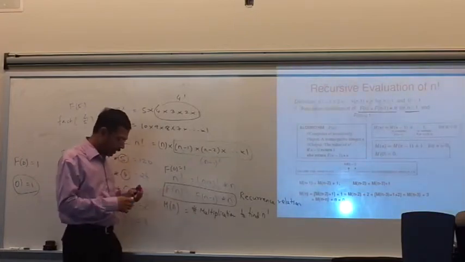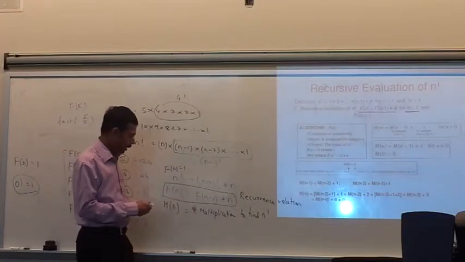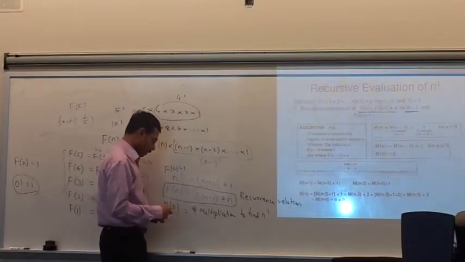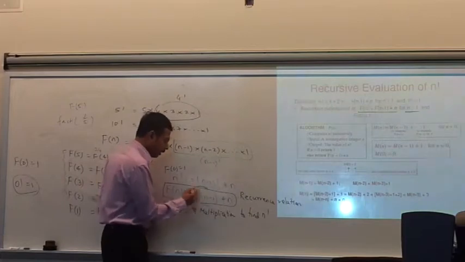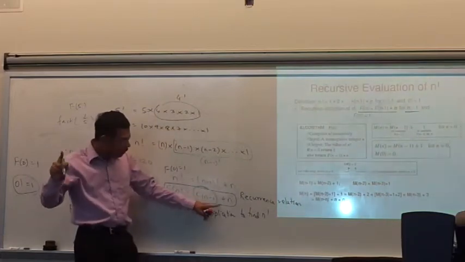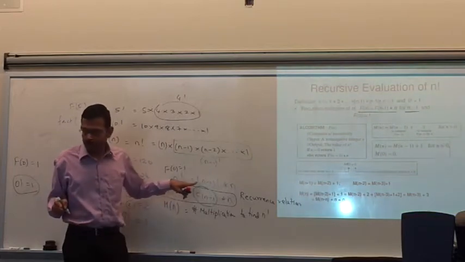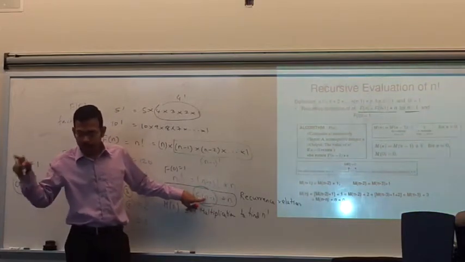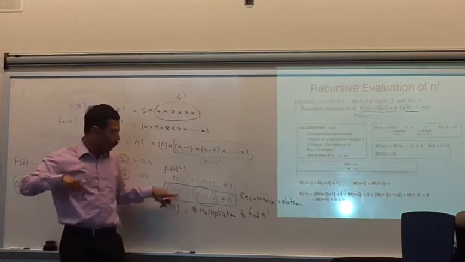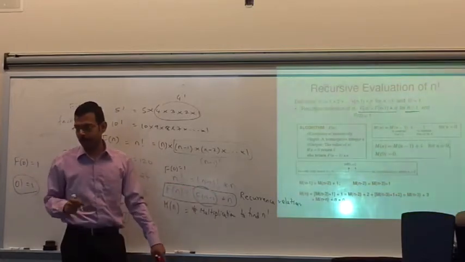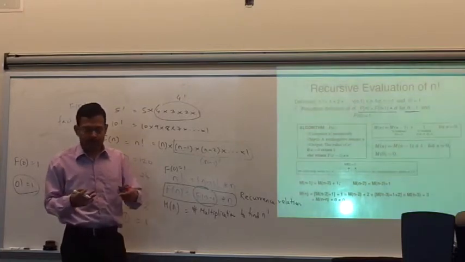I don't know that for the time being. So whatever multiplications I have to do to find n minus 1 factorial, plus one more multiplication is needed to find n factorial. You can visualize that.